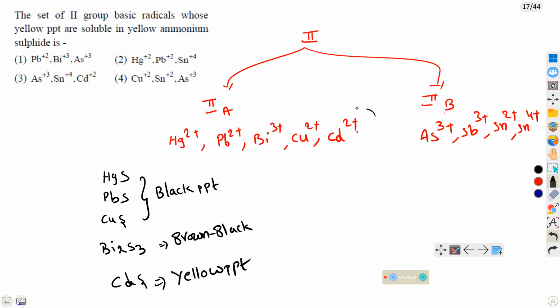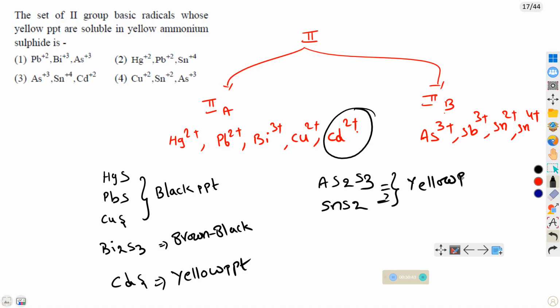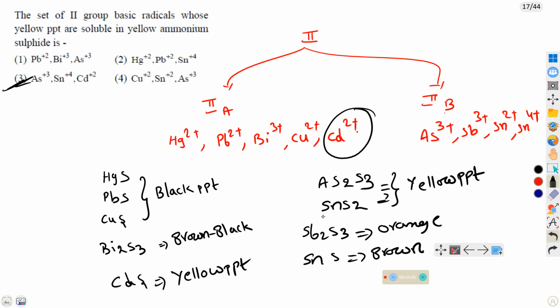So cadmium is a yellow precipitate. As2S3, SnS2, yellow precipitates. Based on this, third option correct. Remaining: Sb2S3, orange precipitate, SnS, brown precipitate. Once revise, radical stable.